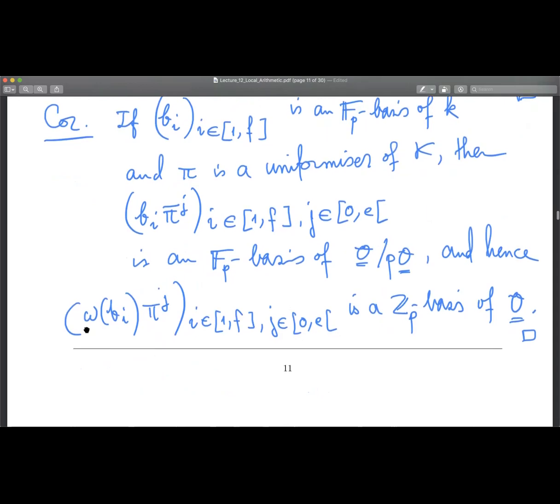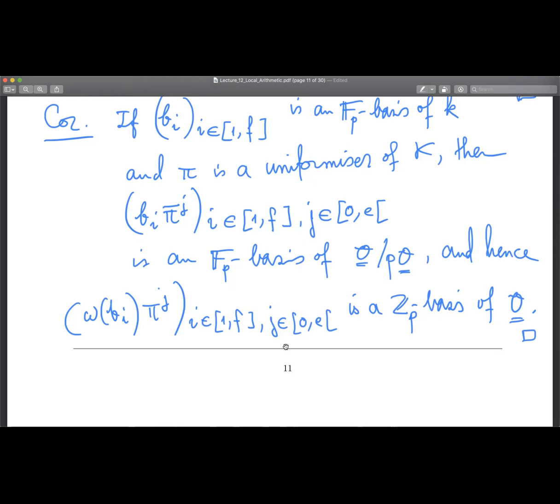It says that omega b_i, these are the Teichmüller representatives of b_i, times pi to the j, pi is the uniformizer, and j just goes from 0, 1 up to e minus 1. And i goes, of course, from 1 up to f.